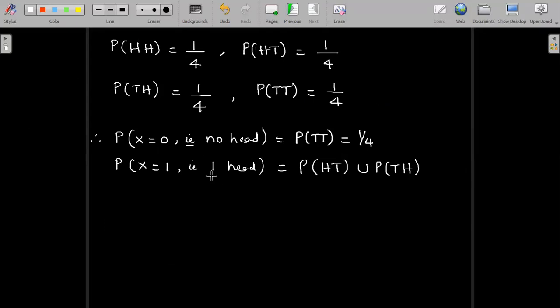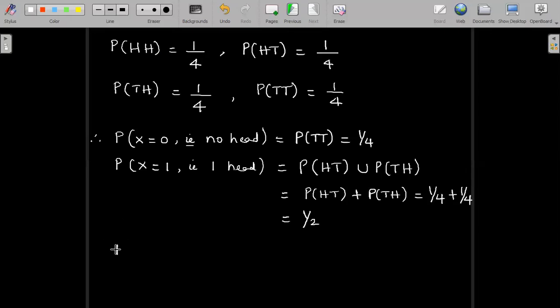Head is turning up once in both these possibilities, HT as well as TH, so it is the union of both these. According to the addition theorem of probability, this can be written as probability of HT plus probability of TH. And this gives us 1 by 4 plus 1 by 4, which in turn is equal to 1 by 2.